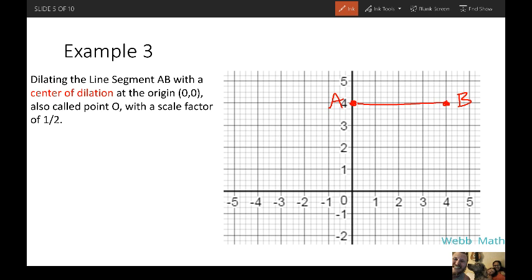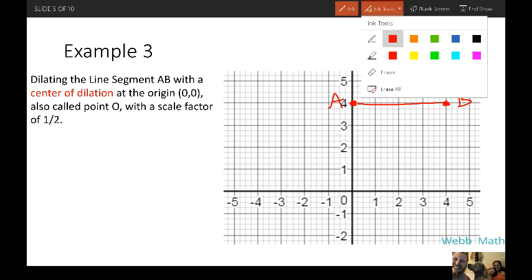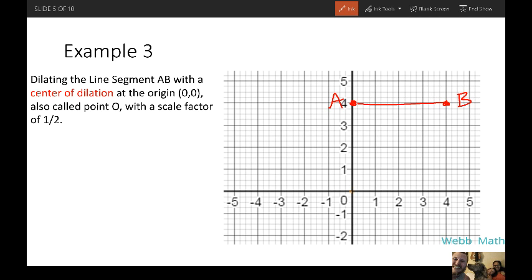Okay, so now I have this line segment. But now we're going to dilate it with a scale factor of 1/2 at point O. And point O, I've already indicated, is at the origin, 0, 0. So there's point O. Now, the distance originally from O to A has a length of 4.